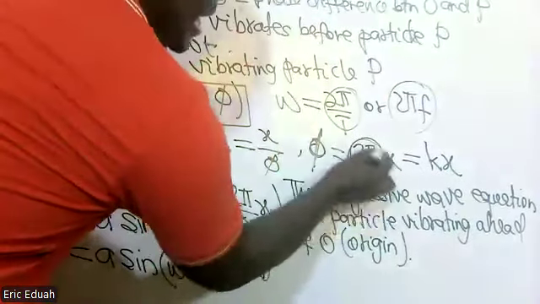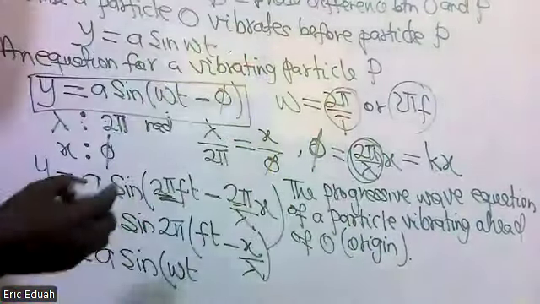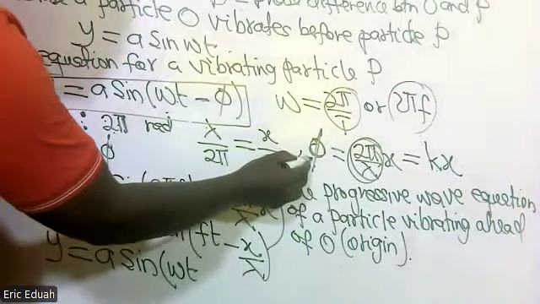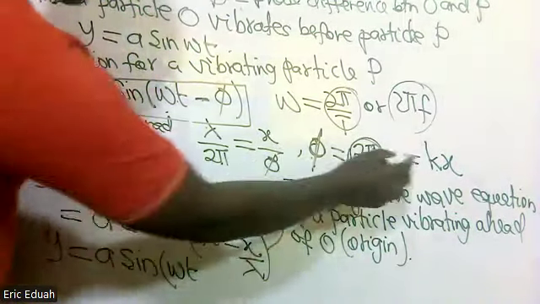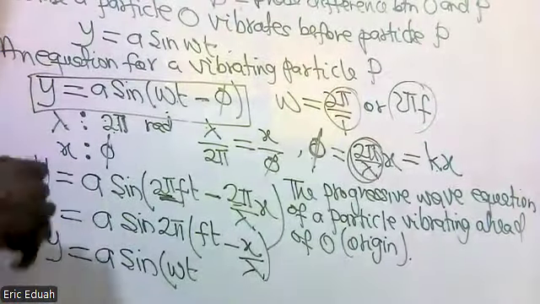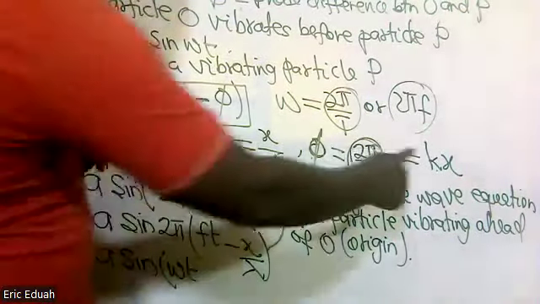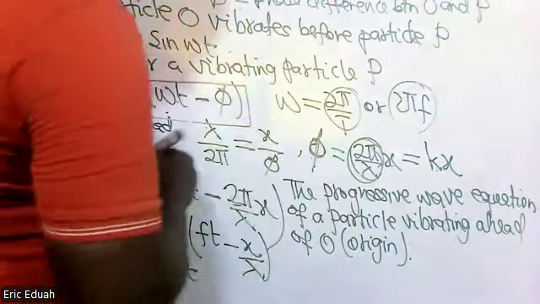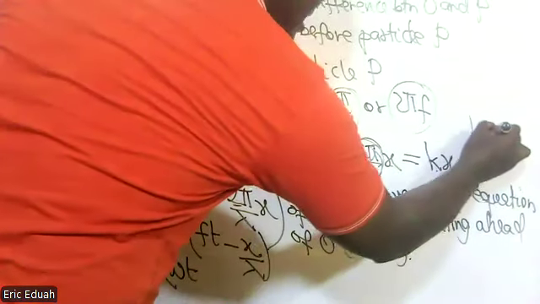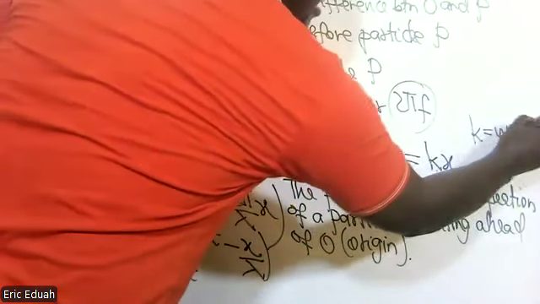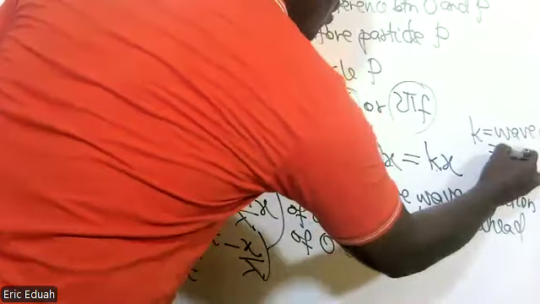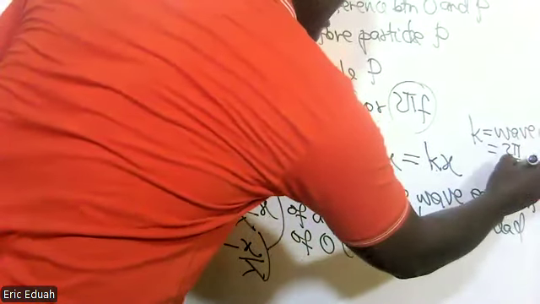So this is K times X, KX. So phi can also be represented as kx, but do not forget the fact that k is equal to 2 pi over lambda. So k, which is the wave number, is equal to 2 pi over lambda.